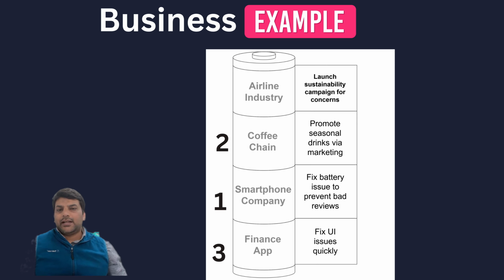The final example is the airline industry, where the data is news articles and social media posts. Here the trend is people talking about sustainable travel and carbon offsets. The action required is to launch a new sustainability campaign to address these concerns.